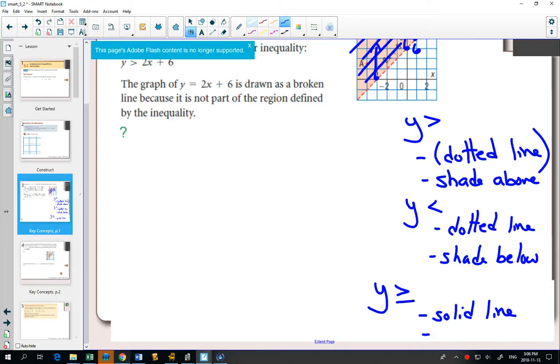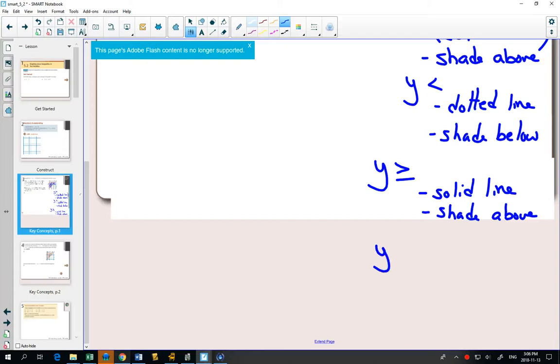Above. And finally, the last possibility is y is less than or equal. You're going to graph your line as a solid line because it could equal the line. And you shade below.